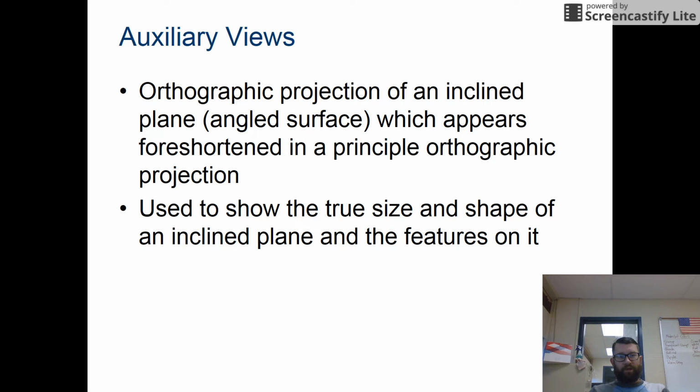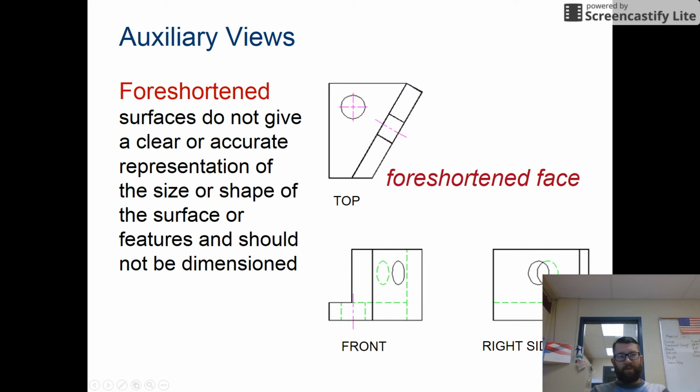Now we'll move on to auxiliary views. An auxiliary view is an orthographic projection of an inclined plane or an angled surface, which appears foreshortened in a principal orthographic projection, meaning that it's not really the correct size. So we need an auxiliary view to be able to show that correct size.